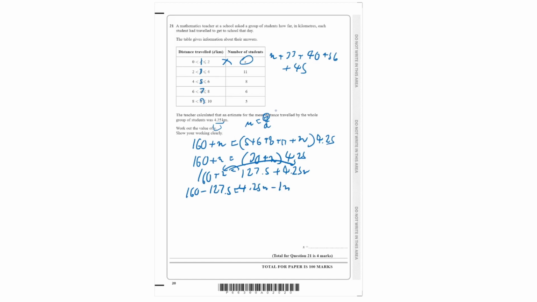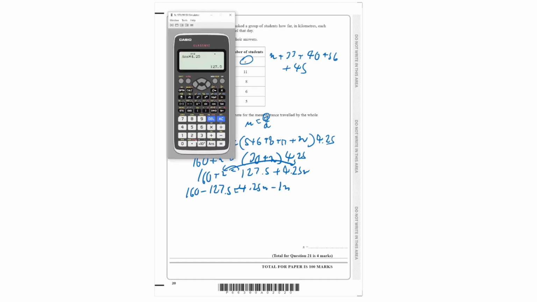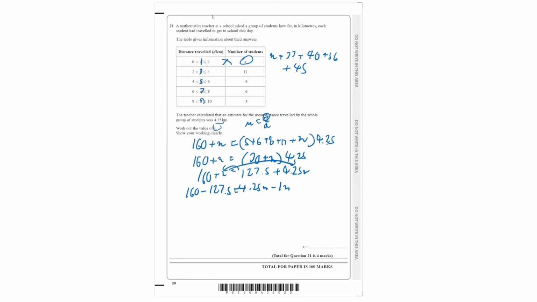So that gives us 160 minus 127.5, our answer is 32.5. 4.25 minus 1 is simply 3.25x. We divide both sides by 3.25 to find x.